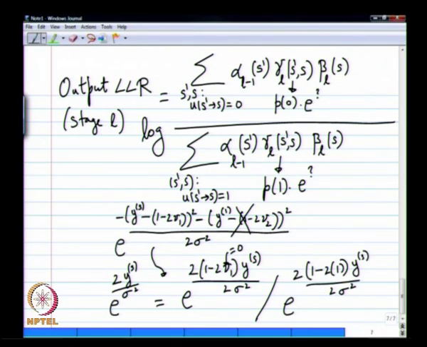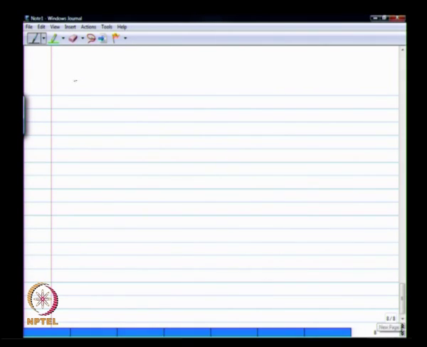Okay. So, the first part is P of 0 and P of 1. The second part, what subtracts from Y of s is always plus 1 for the numerator and minus 1 for the denominator. So, you can pull out the Ys part separately. When you do that, you see that the final output LLR simplifies to delta L. How did I get this?